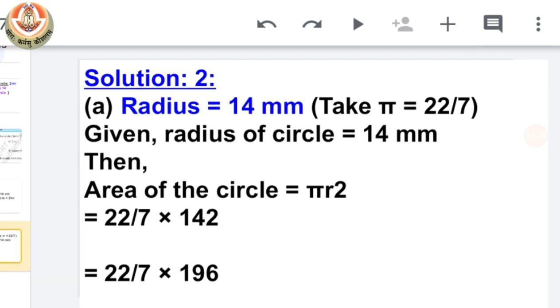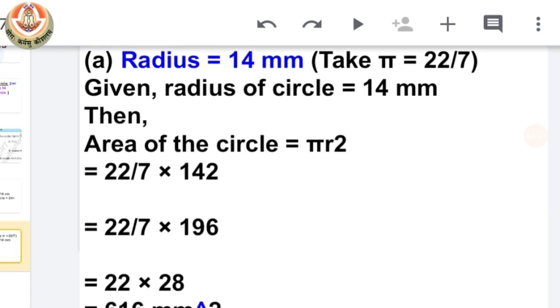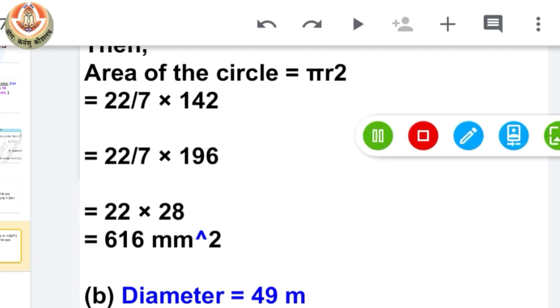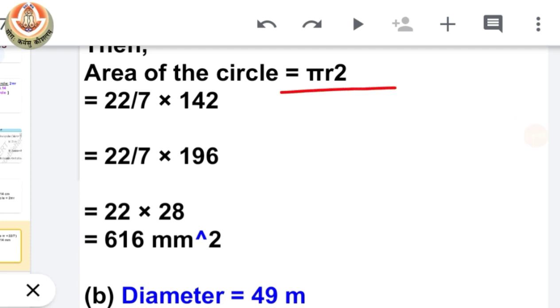In the first part, radius is 14 millimeter and we have to use pi equals 22 by 7. So the radius of the circle is 14 millimeter. So the area of circle will be, we have to put the value for pi and then r square.